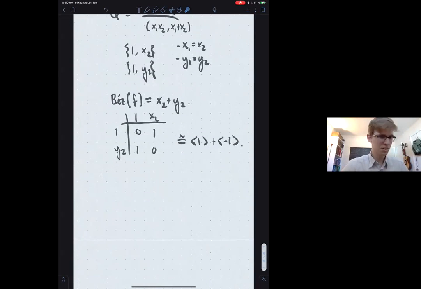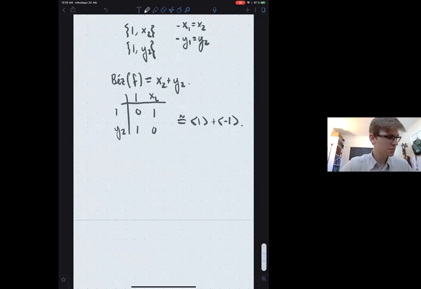Okay, so let's try, let's see. I didn't write this one out beforehand. So this is a risky move, but let's see if I can do it.